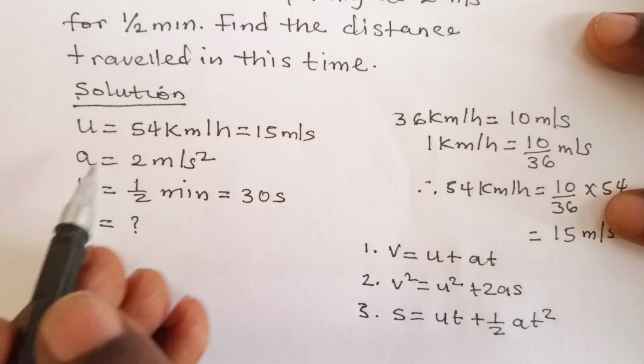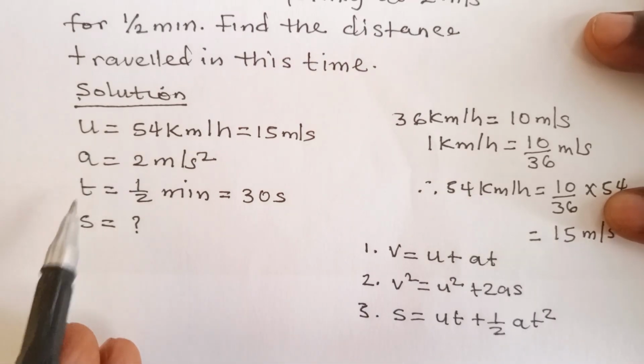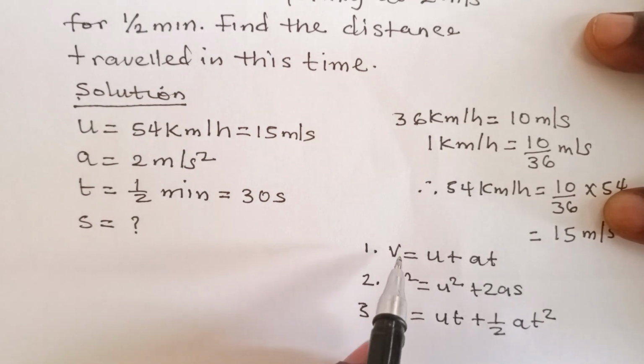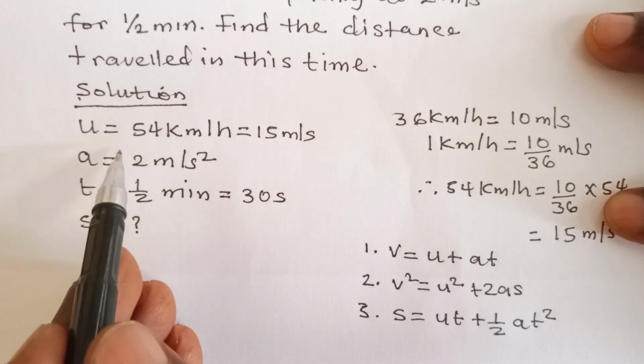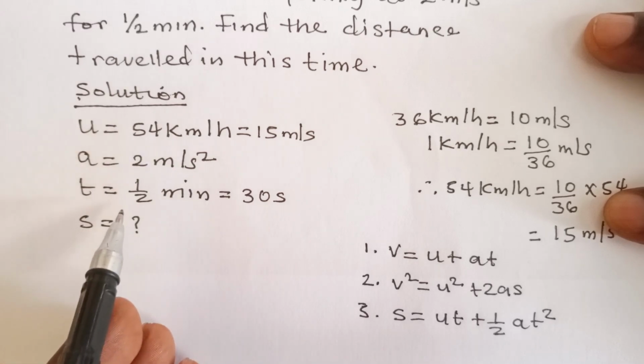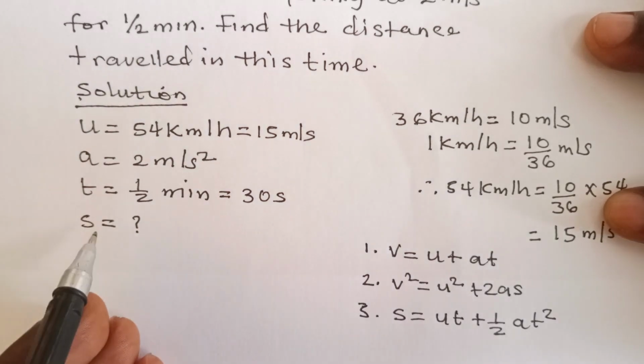Now, looking at this problem, because I have my u, my a, my t, the equation of motion that contains all the given values in the question is equation number 3. So I'm going to use number 3 to solve this problem.